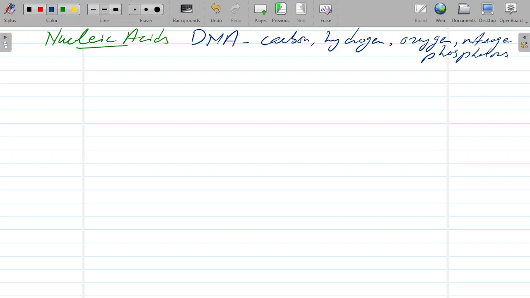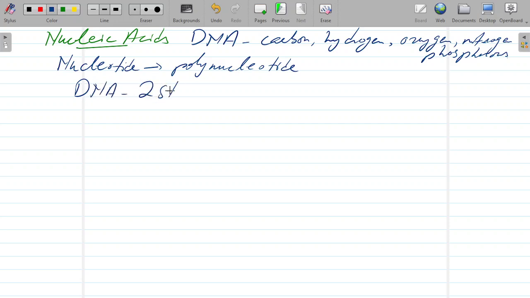And the monomer is called a nucleotide. So DNA molecules are polynucleotides. And as far as DNA is concerned, it's made up of 2 strands and forms what's called a double helix.